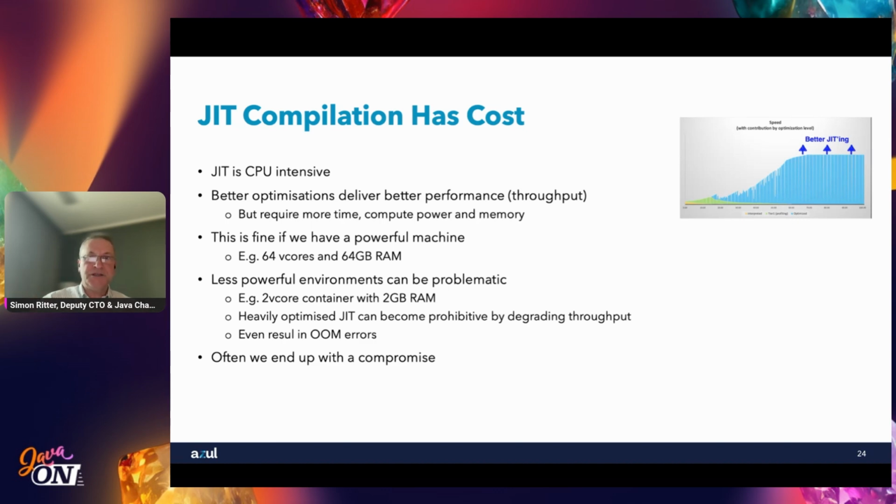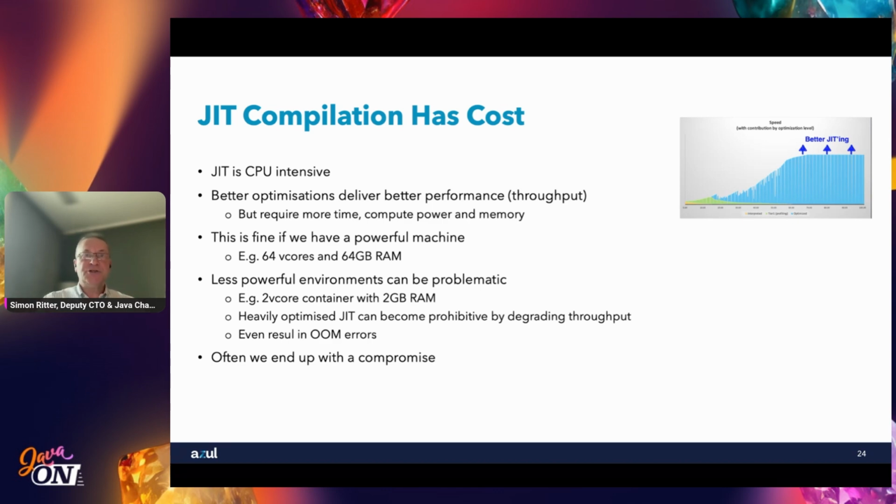In terms of the optimizations you can apply, you can say, right, we can do these types of optimizations, which are not too heavy in terms of the amount of CPU they require. Or we could do other, heavier optimizations, which take longer to process and longer to generate the code that we need, but will give us better overall results.